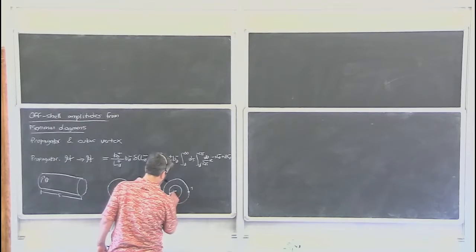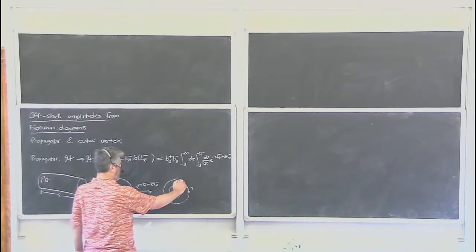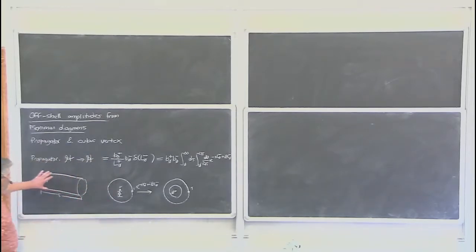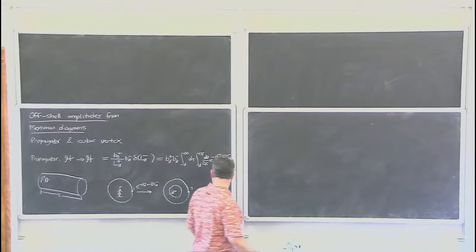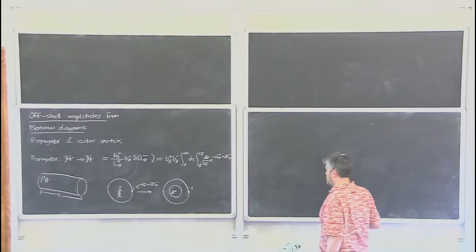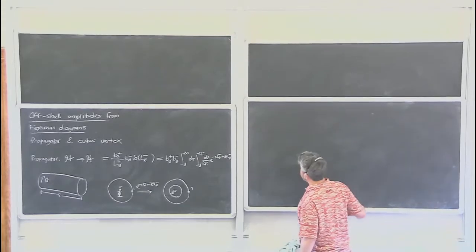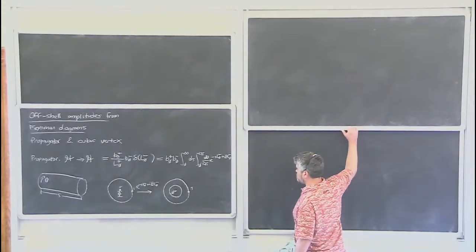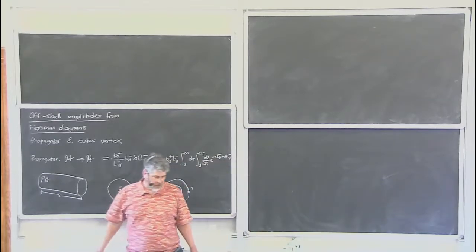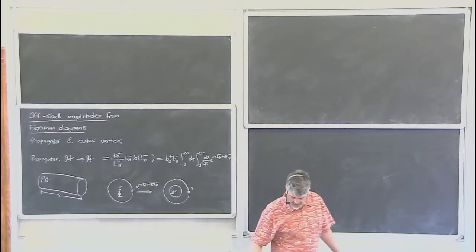And then this annulus in here is just this tube expressed in a different conformal frame. Okay, so that's reviewing the propagator.